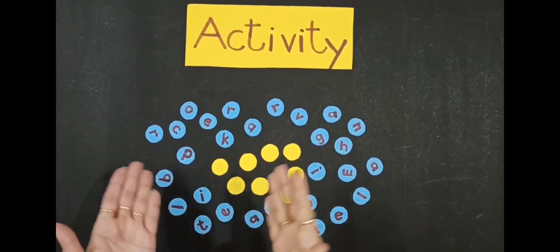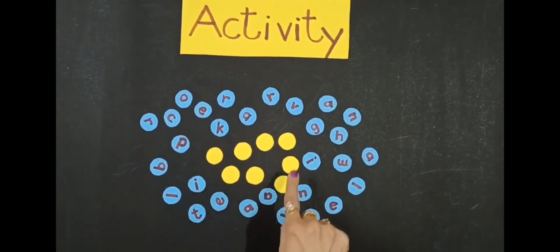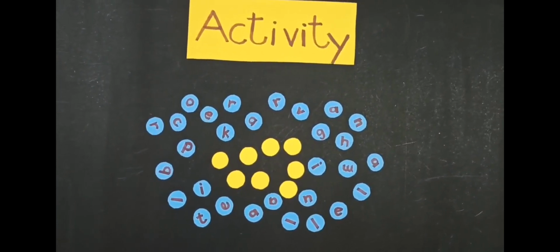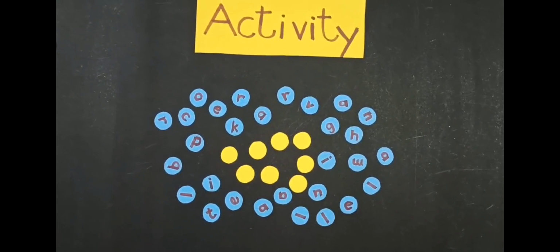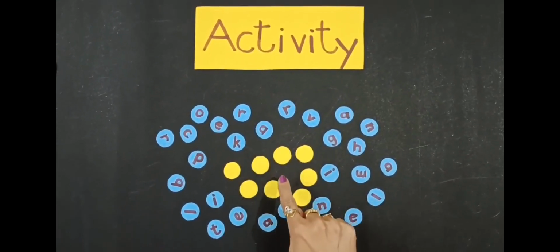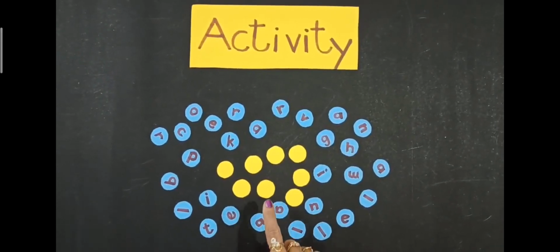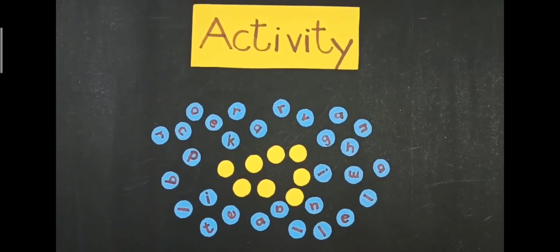Here we have so many letters, but some letters are not visible, which are yellow in color. Why? Yes, because ma'am has kept them upside down. In this activity, we have to turn these letters one by one and form words with these letters. So let's start the activity.